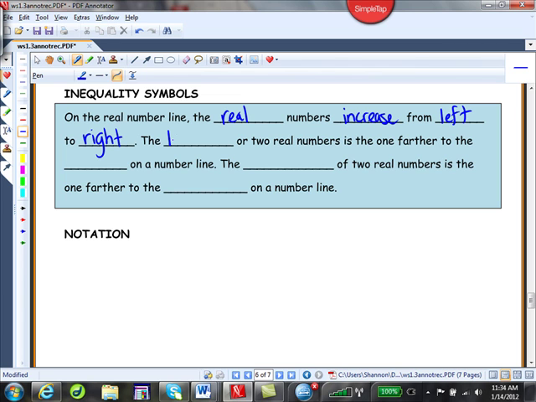The lesser of two real numbers is the one farther to the left on a number line. The greater of two real numbers is the one farther to the right on a number line.